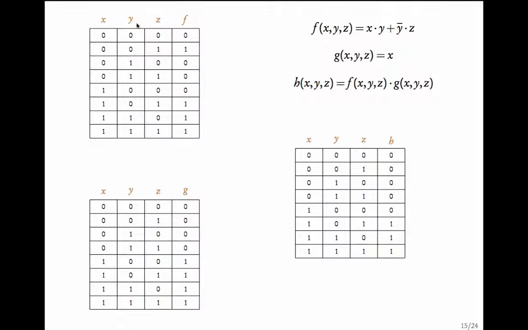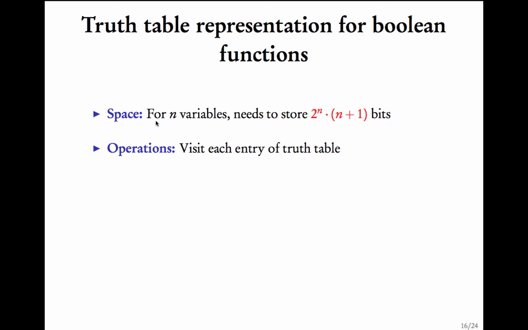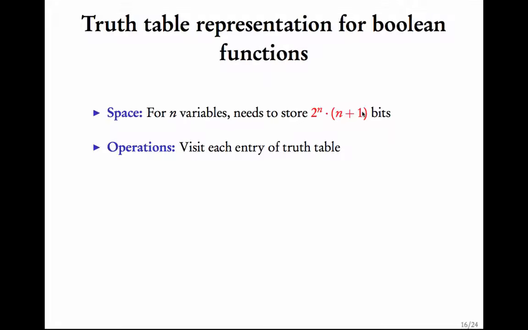So here there were 3 variables, so there were 8 rows and each row had 4 bits. So for n variables, the truth table needs to store 2 power n dot n plus 1 bits. And for computing operations, you need to visit each entry of the truth table. So if you have n variables, you need to look at 2 power n values.